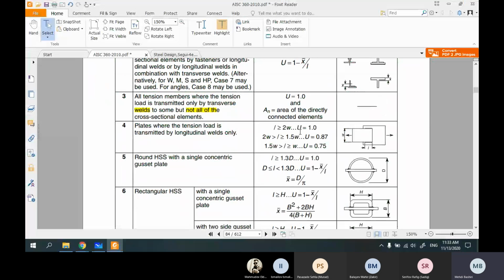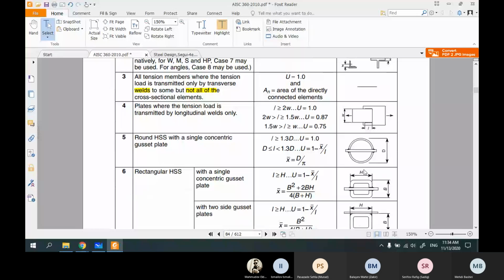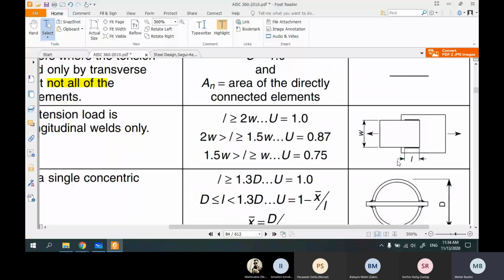Transverse welds are strong. Another case, plates where tension load is transmitted by longitudinal welds only. In this case, you should check if the length of the weld, look here, L, is more than 2W or not.